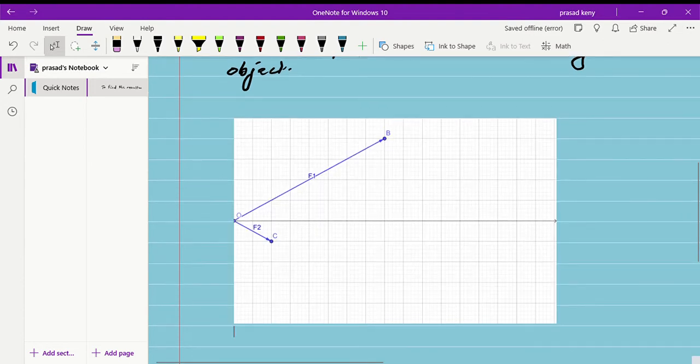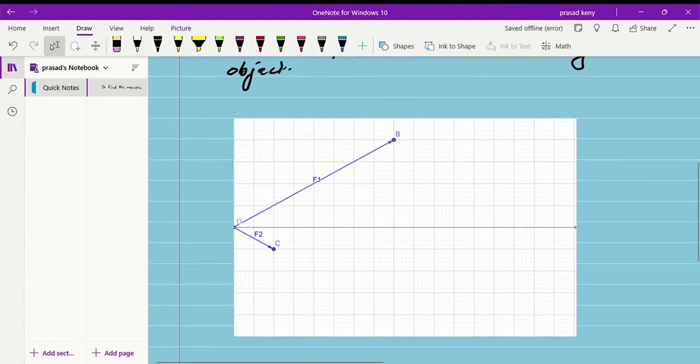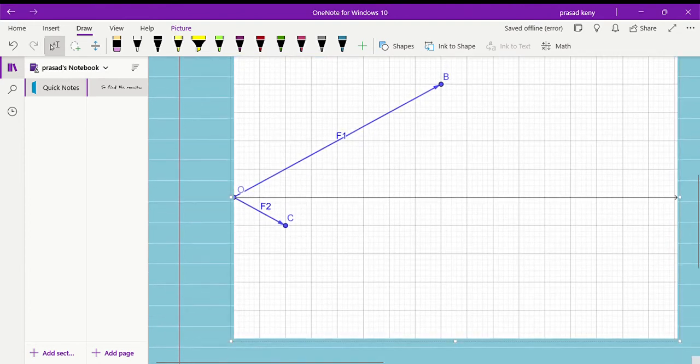So this shows you the two forces acting on the object. Here, the first force F1 is of 10 newtons and the second force F2 is of 3 newtons.